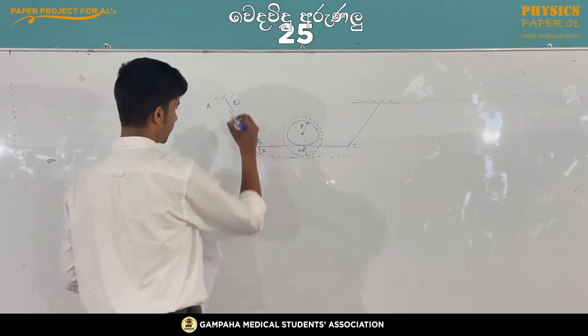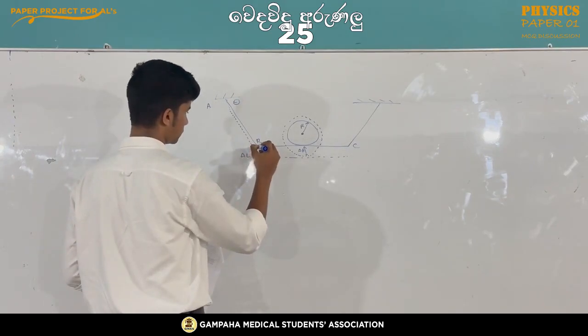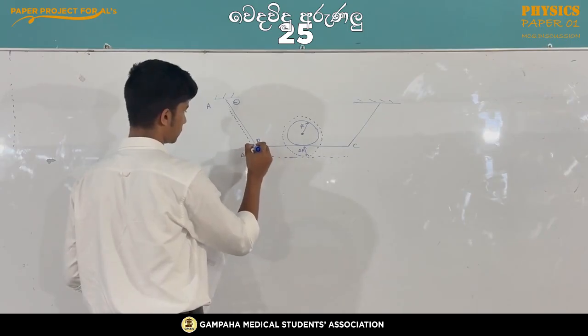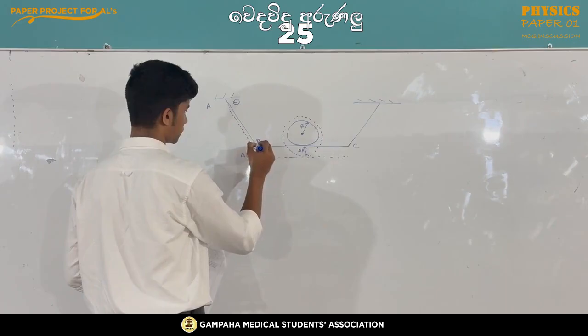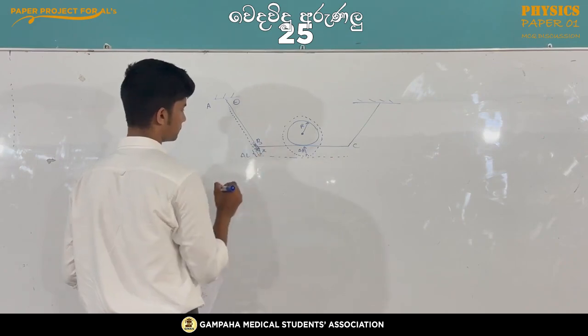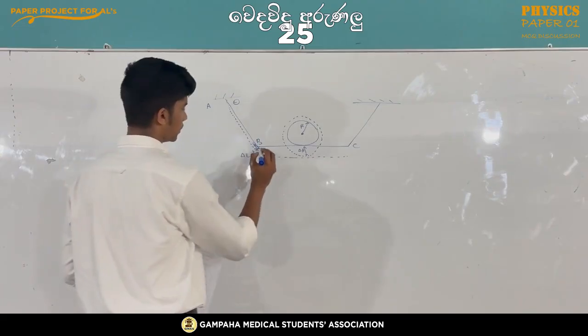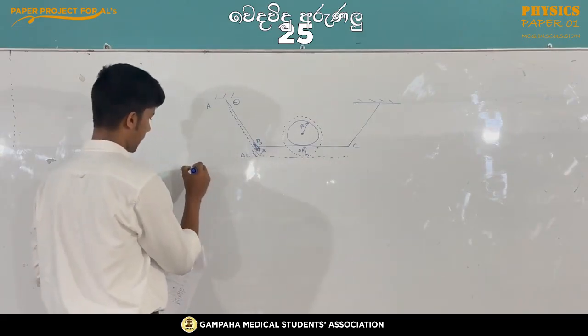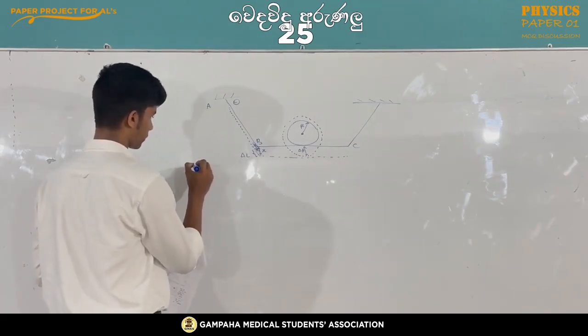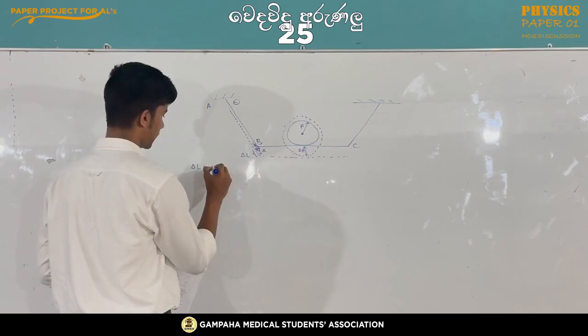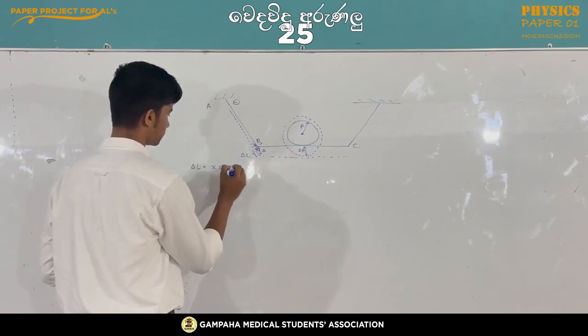So if this is theta, this is 90. Then the angle between x and the perpendicular drawn is also theta. Therefore, delta L is equal to x sine theta.